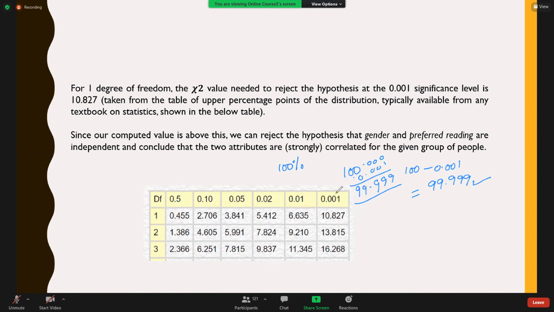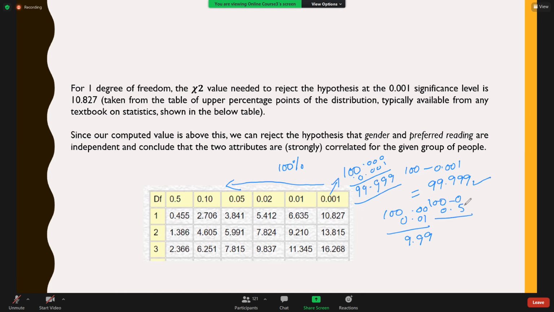So this is the highest accurate decision. What is the value of 100 minus 0.01? What happens if you move on to this level? The accuracy will get reduced. For example, 100 minus 0.5.